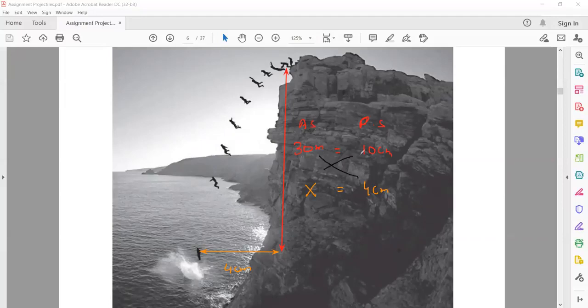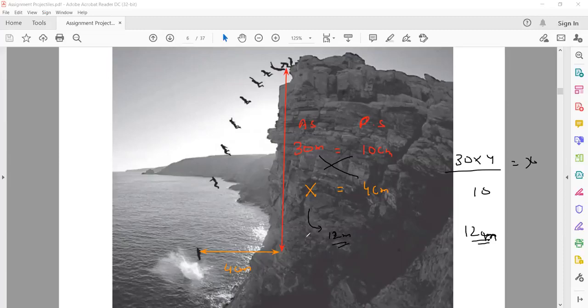Then we cross multiply. So it will be 30 multiplied by 4, which equals 120, divided by 10. So 120 divided by 10, what do we get? We get 12 meters. So this X will be equal to 12 meter in actual. Is it clear? So using a figure, we work out, as we know that the vertical distance is 30 meter.